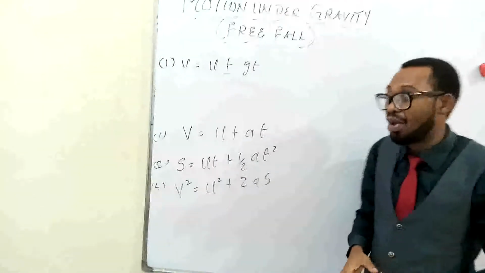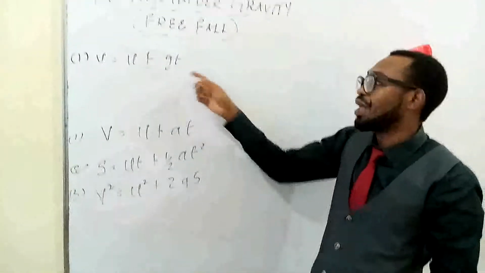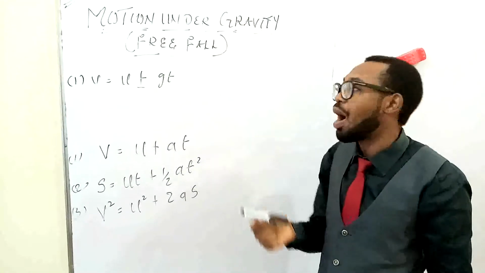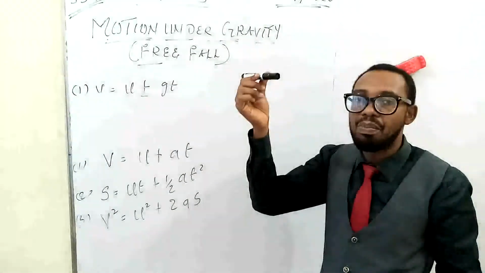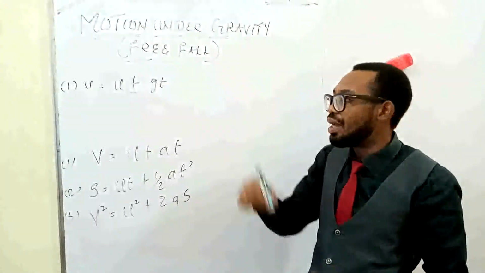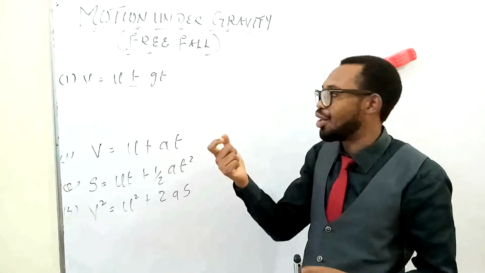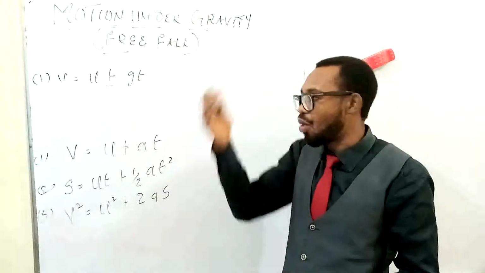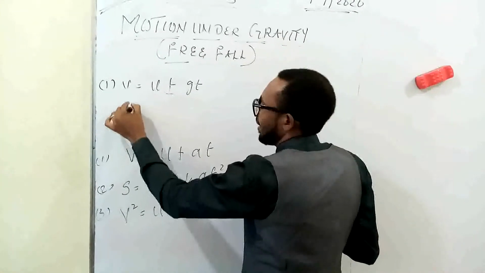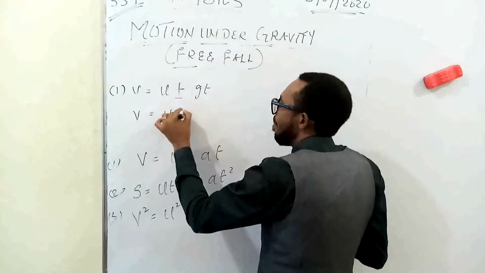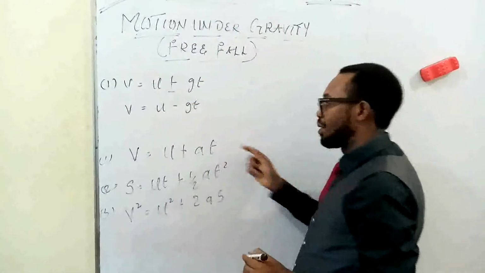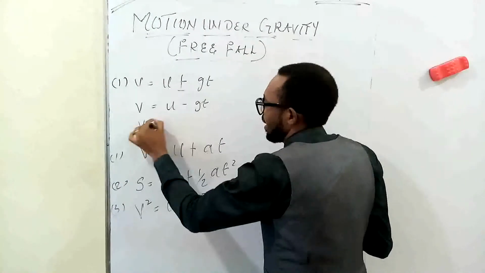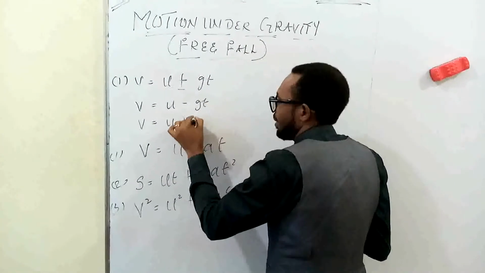Why I'm taking plus or minus is because if we throw the object, for instance, a stone up, as it's moving upward, it is acting against the acceleration due to gravity, the gravitational pull on the Earth's surface. So it's opposing it. In that case, we have V = U - GT when it's thrown up. And then when it's descending, it becomes V = U + GT.